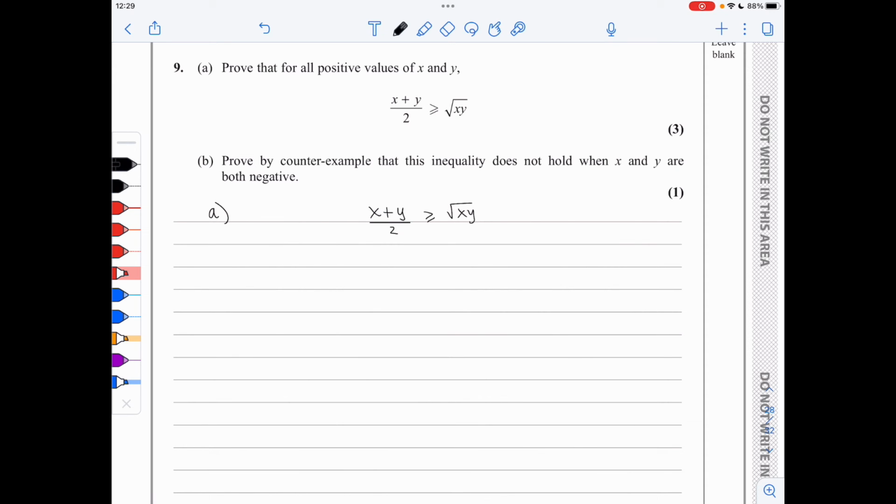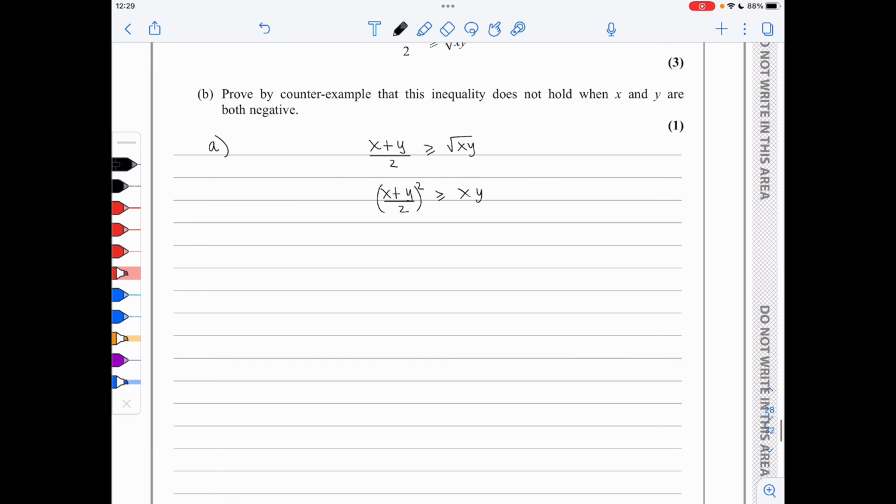I could square everything, so x plus y over 2 all squared is greater than or equal to xy. I expand the left, x squared plus 2xy plus y squared over 4 is greater than or equal to xy. So x squared plus 2xy plus y squared is greater than or equal to 4xy.